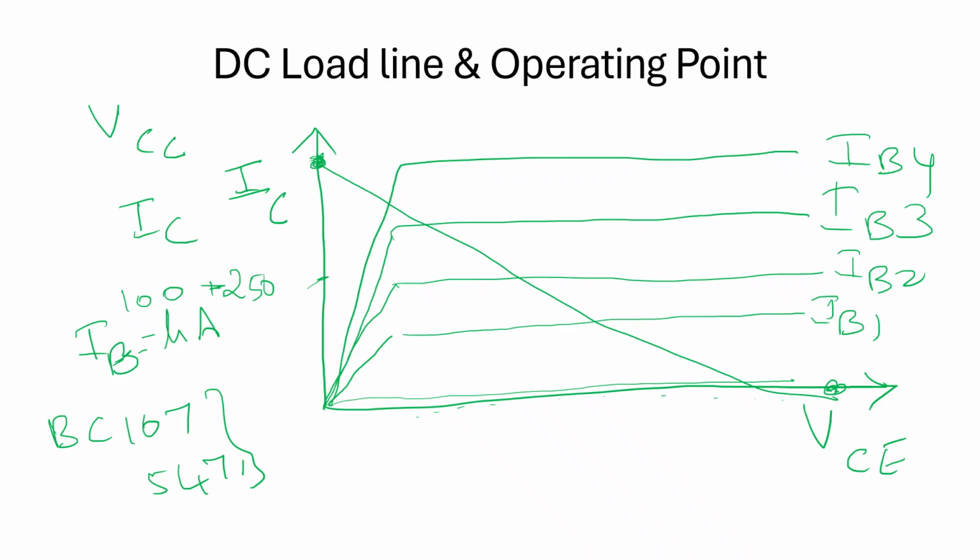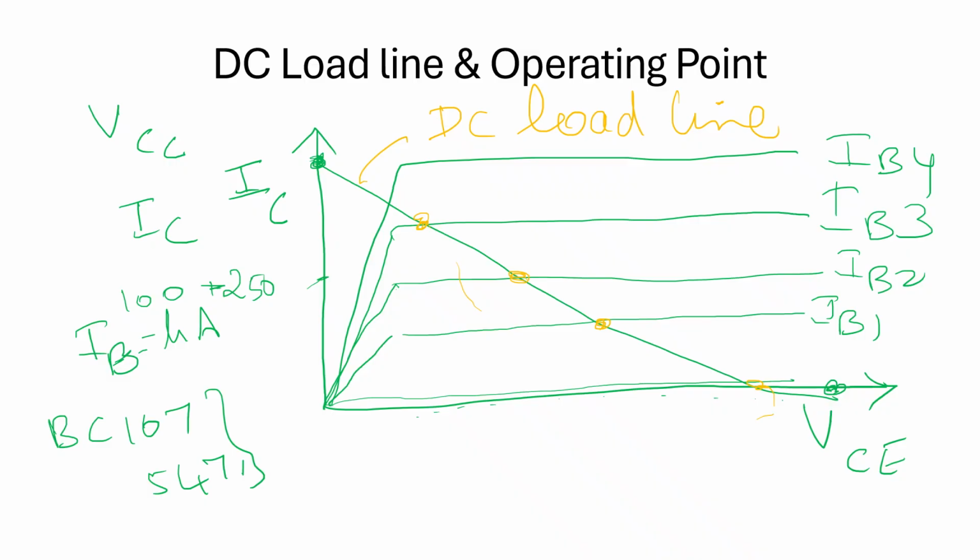Yes, and the line tries to meet the points on the curves like this. These points are called the operating points, and the line such drawn is called the DC load line.